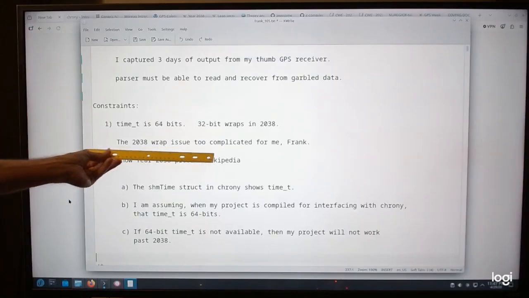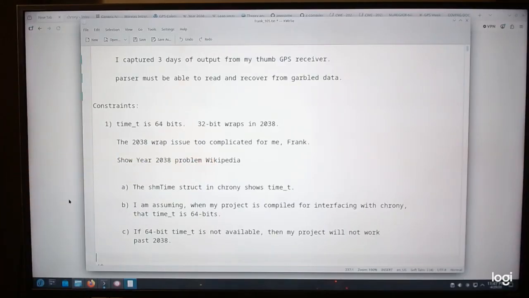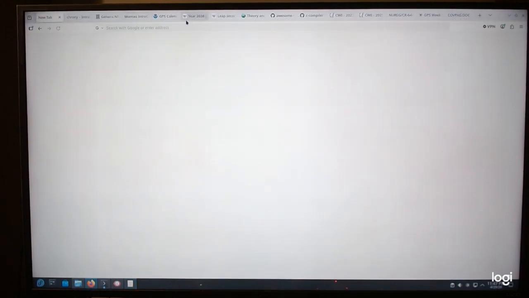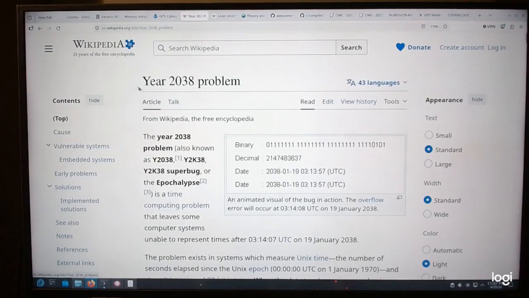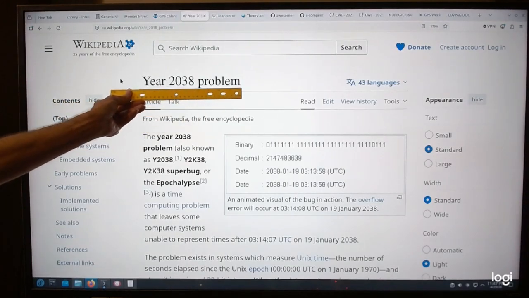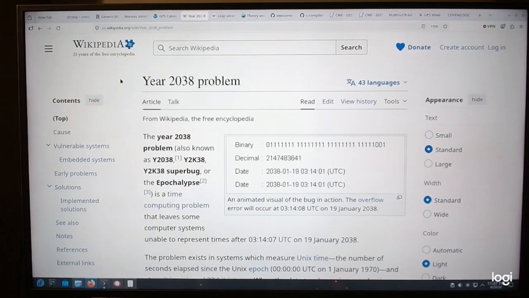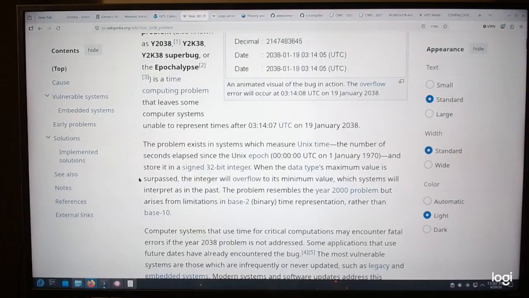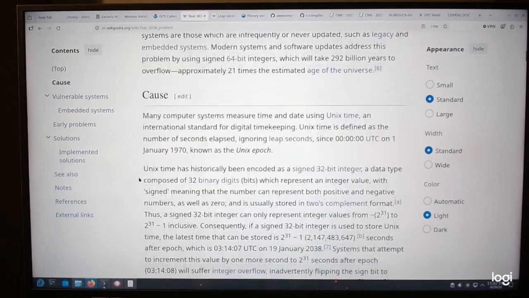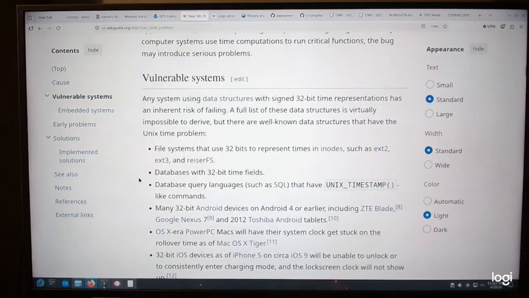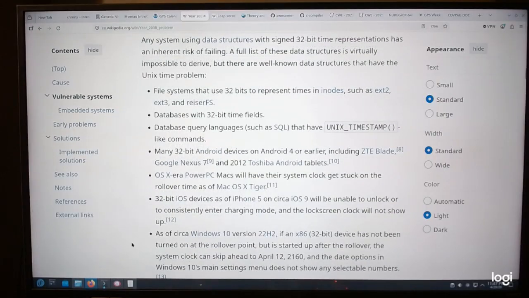Now that wrap issue, it's too complicated for me. If you go to the year 2038 problem in Wikipedia, they can explain that problem. It's just too hard for me.